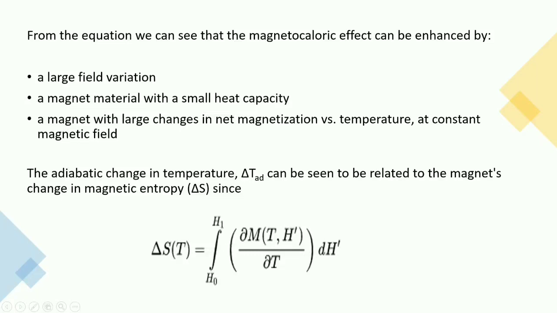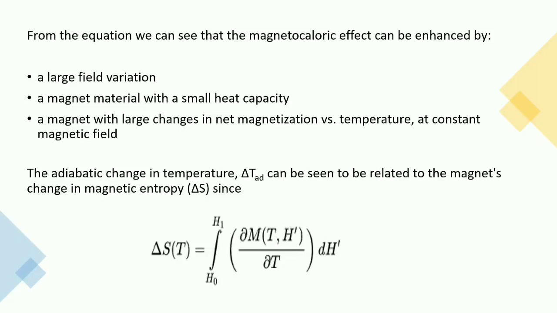From the equation, we can see that the magnetocaloric effect can be enhanced by the following three steps. First, a large field variation; second, a magnetic material with a small heat capacity; and third, a magnet with large changes in magnetization versus temperature at constant magnetic field.